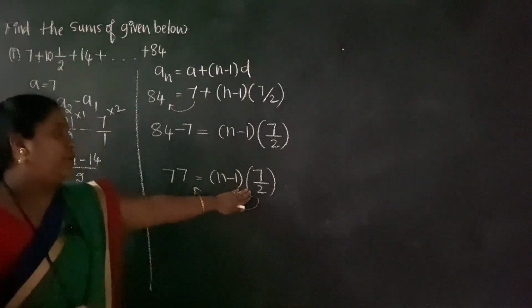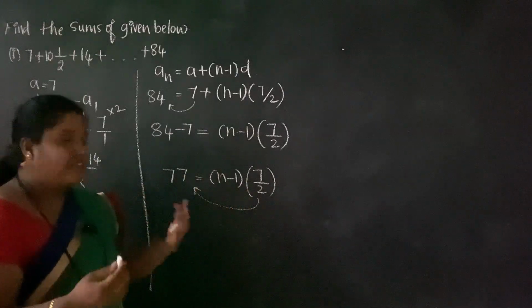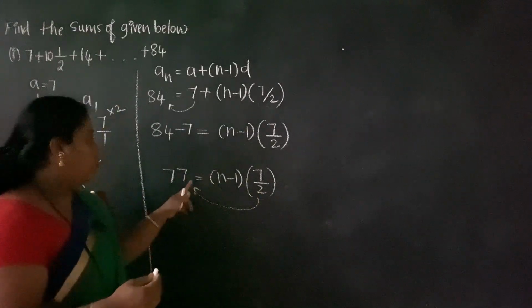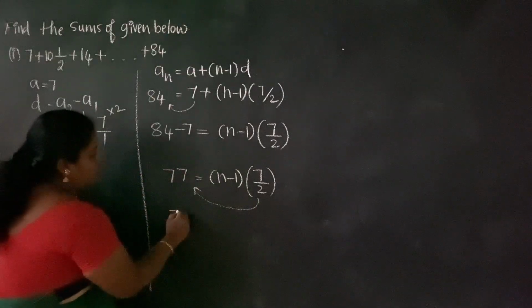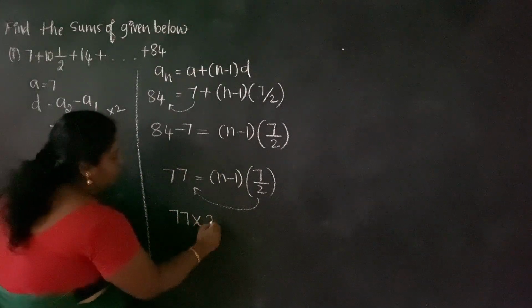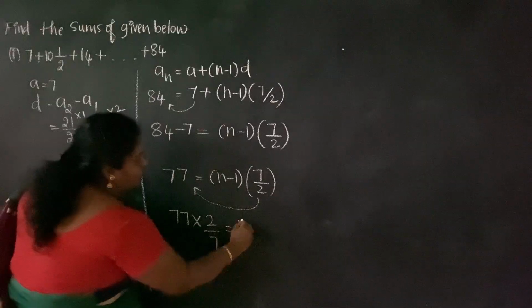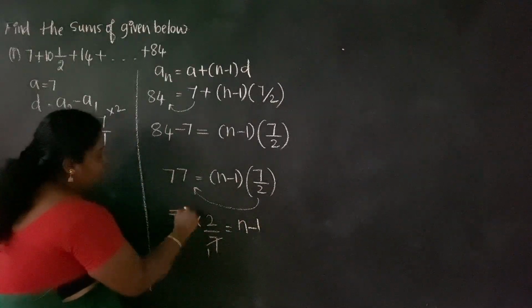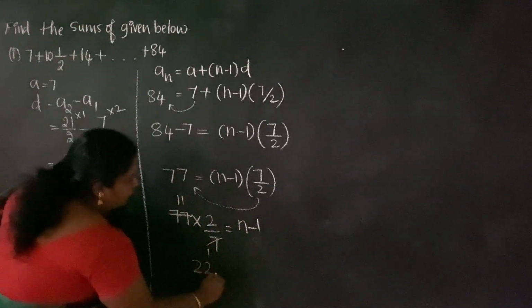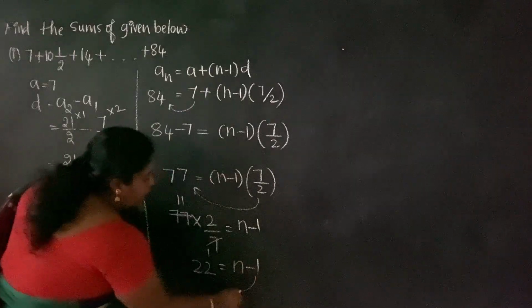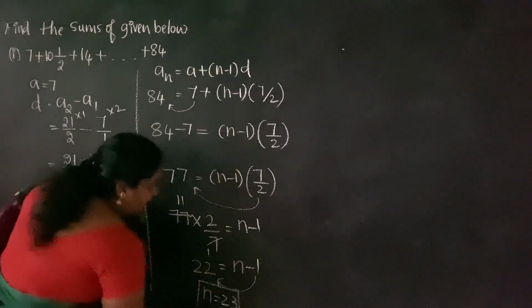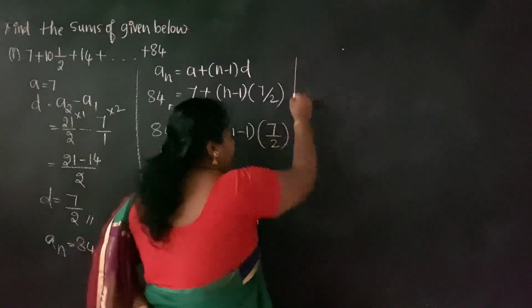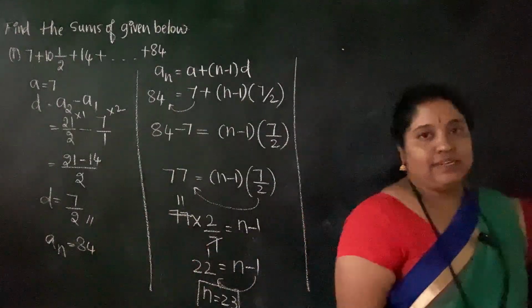So multiplication turns to be division, or else you can take the denominator value to the numerator. So 77 into 2 by 7 is equal to n minus 1. 7 elevens are 77, 11 twos are 22, equal to n minus 1. If I bring minus 1 over, I got n is equal to 23.